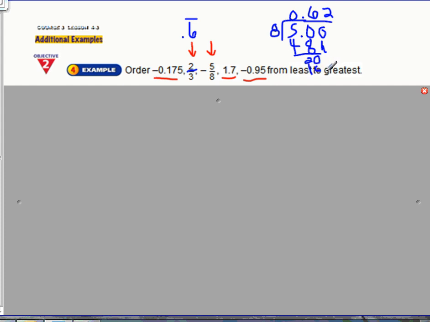That's 16. Get 4. Bring down another 0. 8 goes into 40 5 times, and that's the end of it. So -5/8 becomes -0.625.